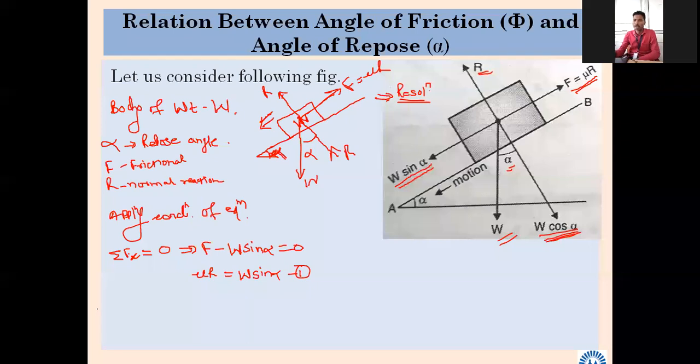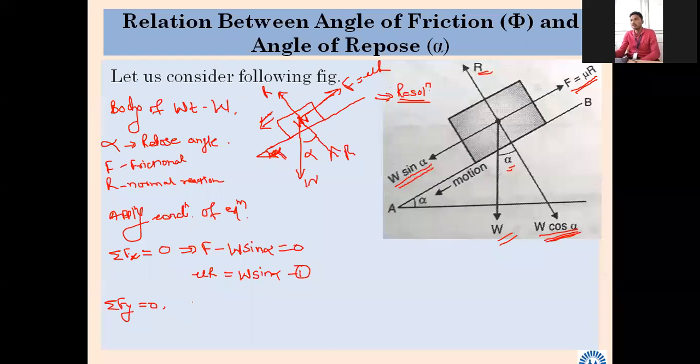We will see what happens once we apply the second condition. What is the second condition of equilibrium? Summation of Fy is equal to 0. Now we have to consider only the forces perpendicular to the surface.